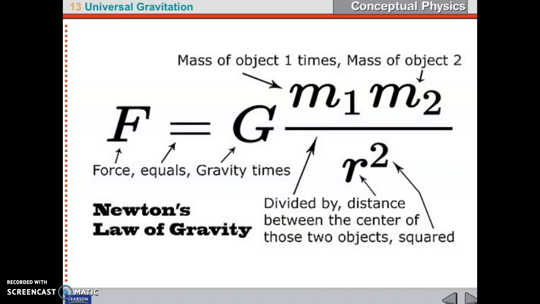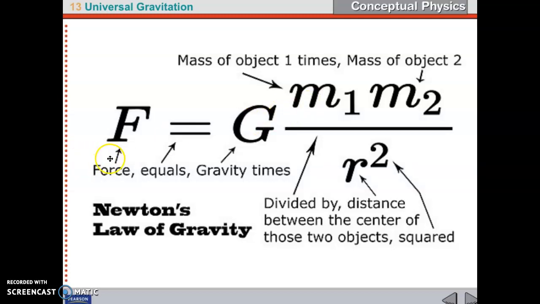His relationship is a very simple mathematical one. He came up with the idea that the gravitational force acting on an object is proportional to the masses of the objects, and any two objects could attract each other with this gravitational force regardless of the size of the mass.